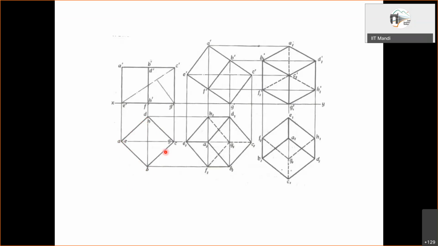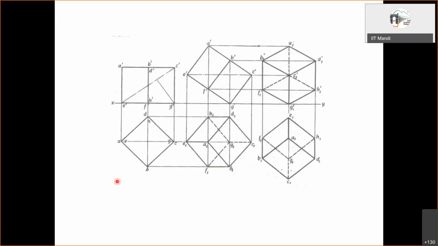Also, this line from A to C or E to G, whatever we call it, is the same, but at this location we'll have the body diagonal of the cube as well, which we can see from E to C, or A to G. So these represent the body diagonals, and this particular position allows these two body diagonals to be parallel to the vertical plane.